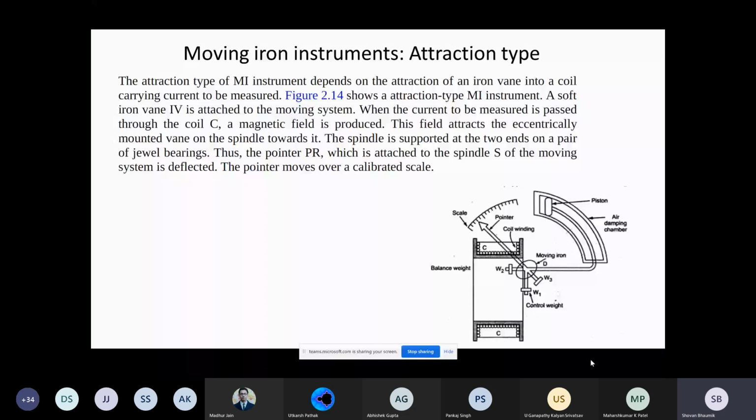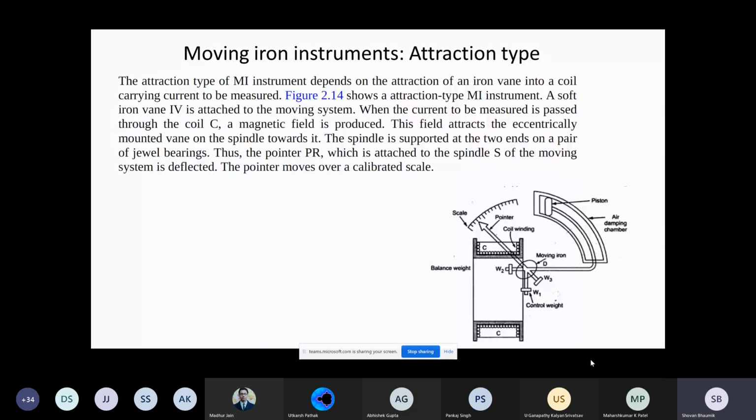In the attraction type of moving iron instrument, it depends on the attraction of an iron vane. You can see the iron vane, which is written as the moving iron, into a coil carrying current, where the voltage or current is to be measured.